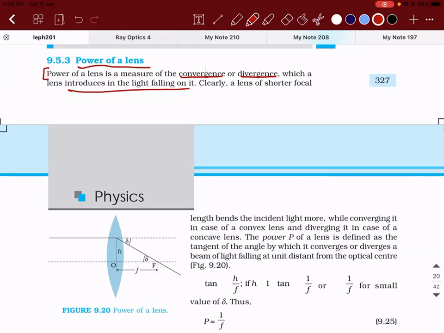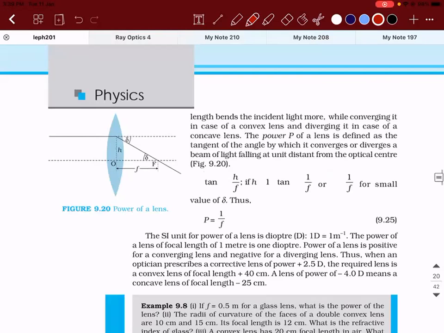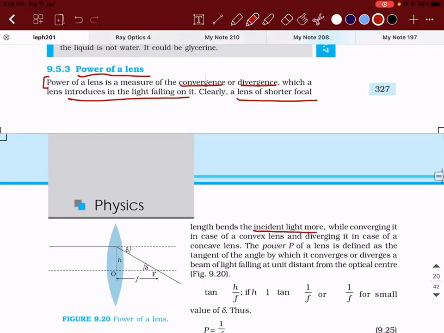Means power of a lens will define how good a lens can converge or diverge a ray that is falling on it. Okay. So what can you say for that? If you take a lens of shorter focal length, it bends the incident light more. Right? Logically, it is going to happen.